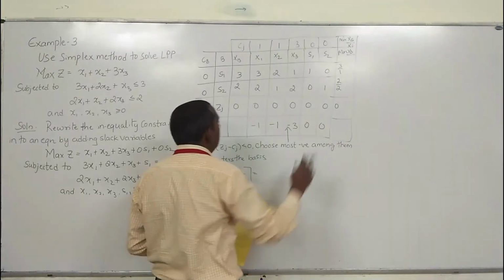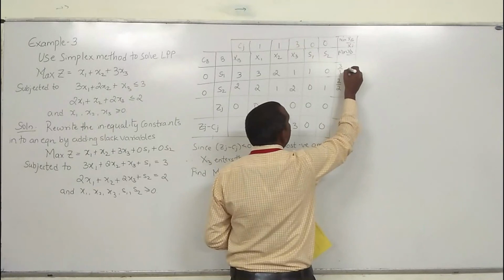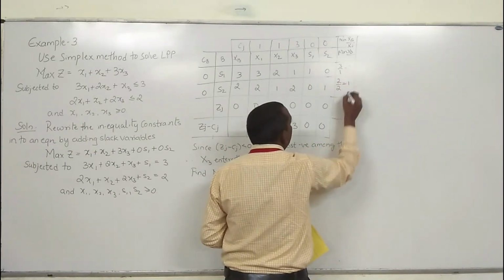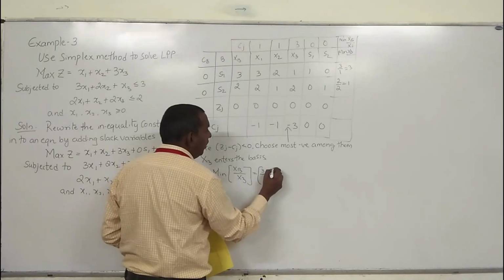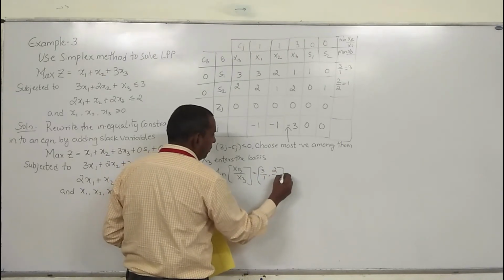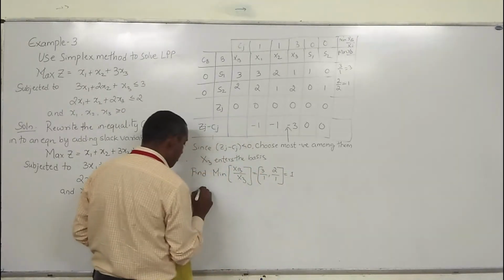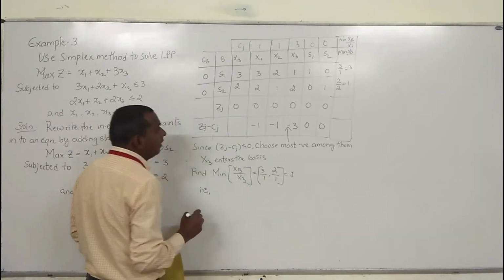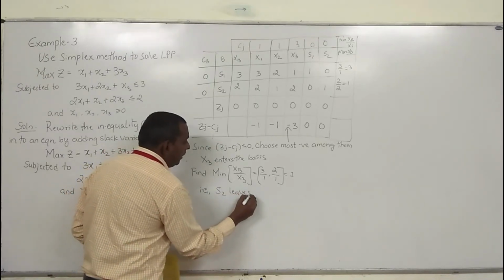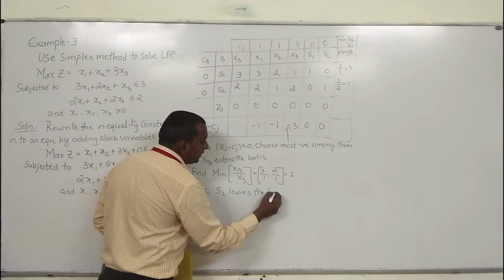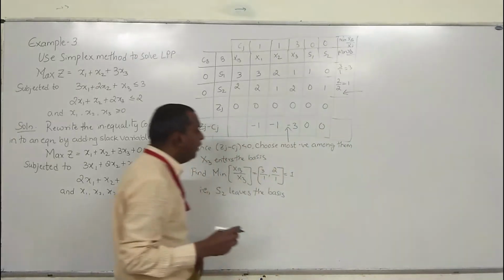You need not write the zeros. So 3 upon 1 is 3, and 2 upon 2 is 1. So let me write here 3 upon 1, comma, 2 upon 2, that is 1, that is minimum, so S2 leaves the basis.